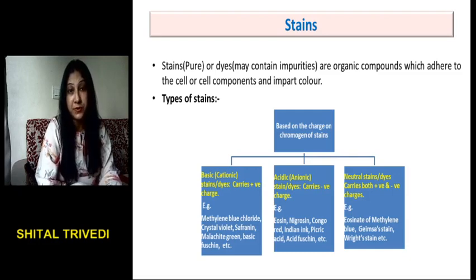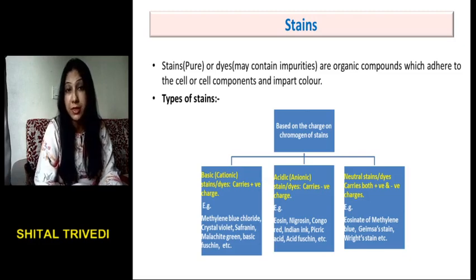The second type is called acidic stain or anionic stain, and in this stain the chromophore carries a negative charge. Dyes like nigrosin, Congo red, Indian ink, acid fuchsin, eosin, etc. can be used as a negative stain.